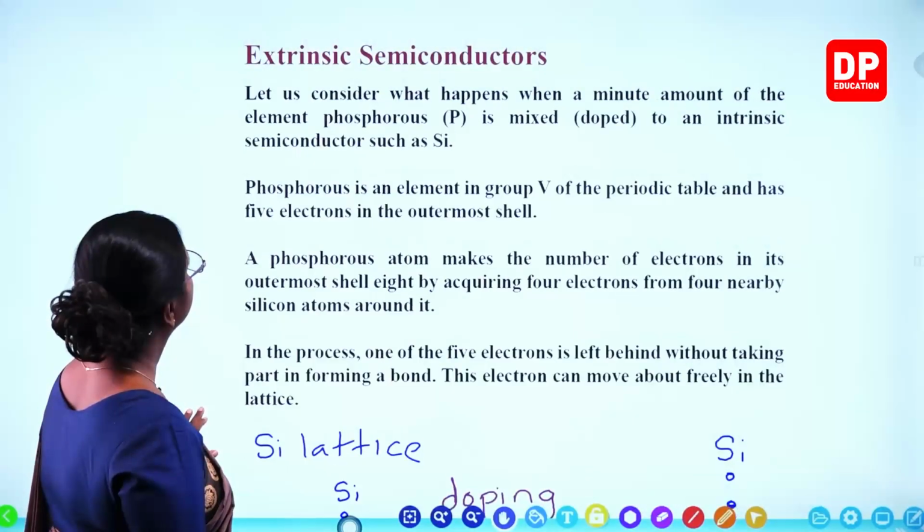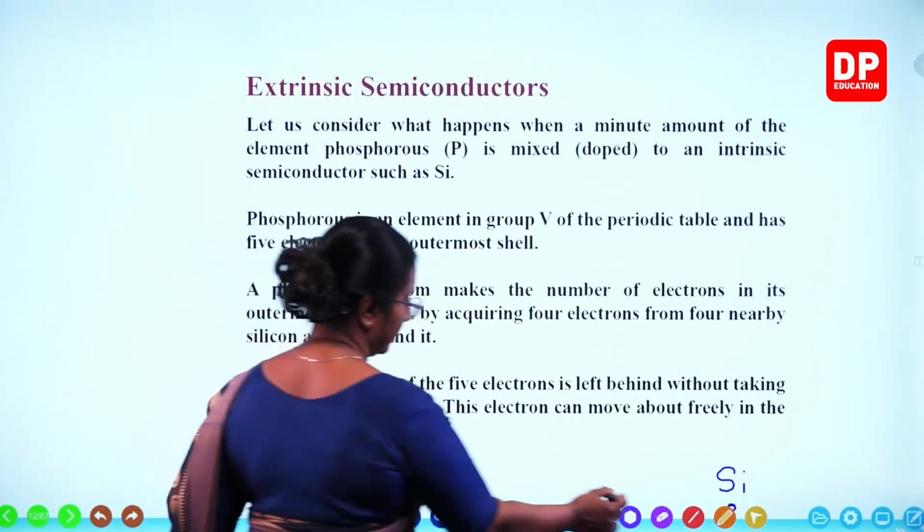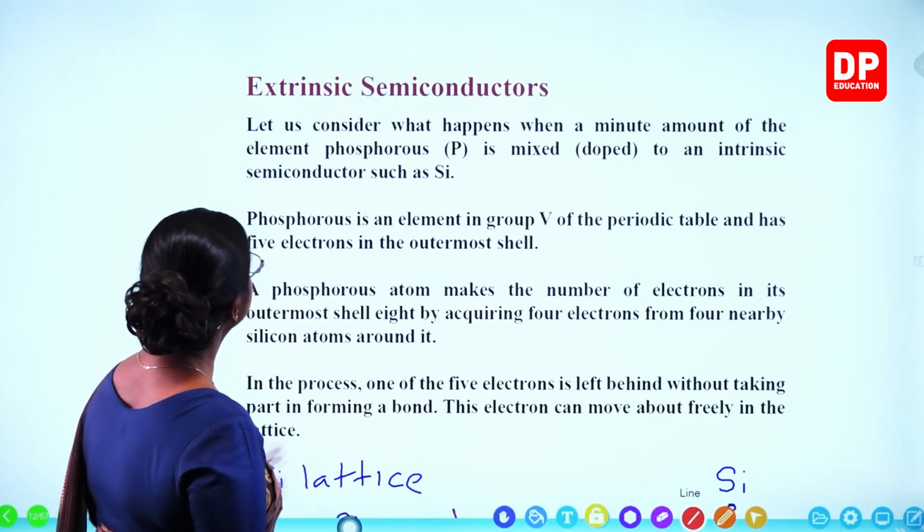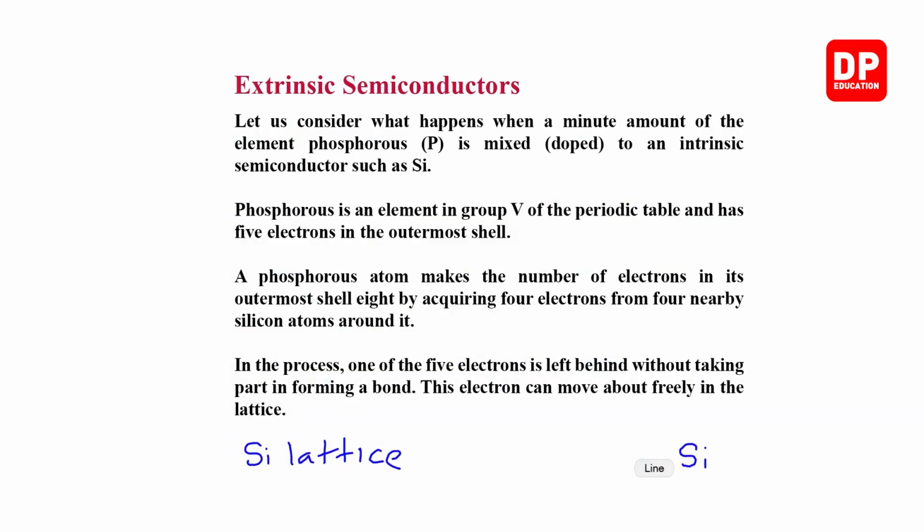So now, here if you look at semiconductors, let us consider what happens when a minute amount, now this is important, minute amount of the element phosphorus is mixed or doped into an intrinsic semiconductor such as silicon.